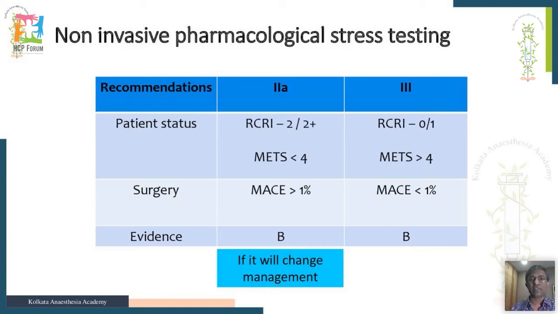And again, as we figured out, only if it changes my management. If it is not going to change my management, people say that it's a waste of time. Many people use it to further prognosticate and risk stratify.